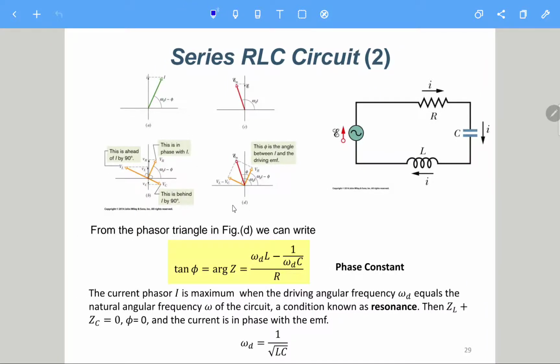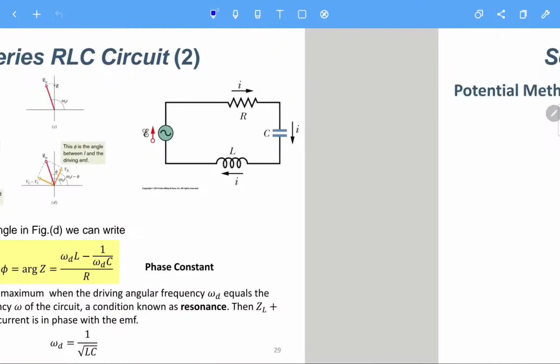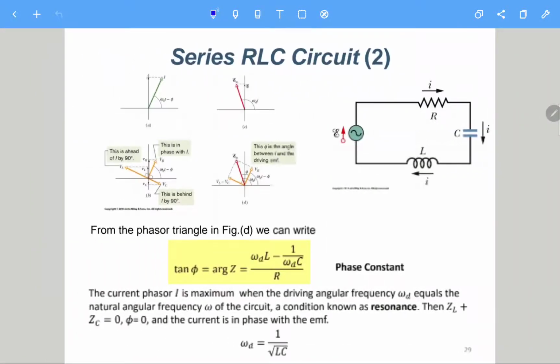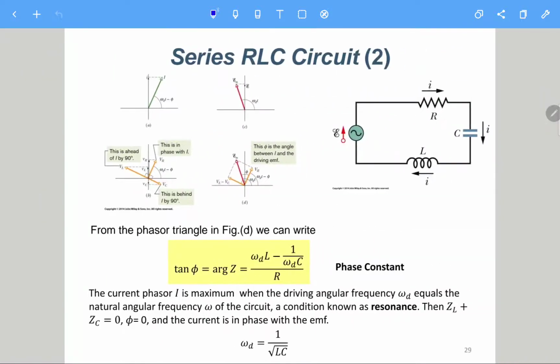So the next equation, maybe I will talk about the derivation tomorrow, but I will just finish this part. Not only do we need to get the amplitude, but also we need to get the phase.